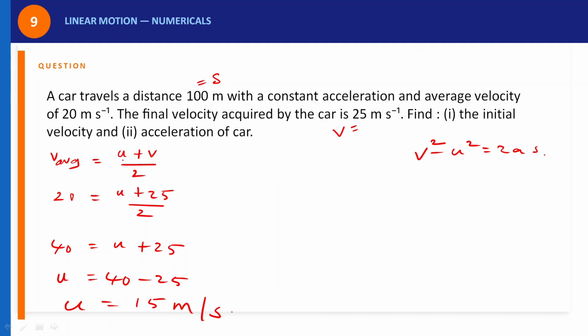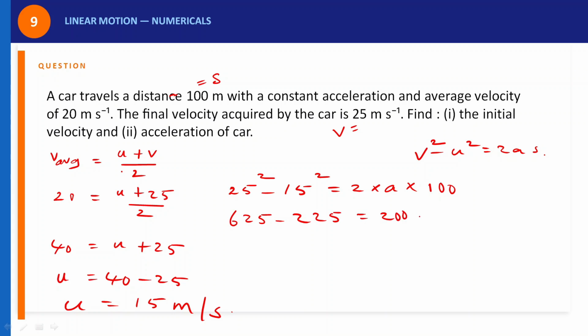So what is the final velocity here? 25. Then it is 25 square minus initial velocity 15 square equal to 2 into acceleration, we don't know, so simply I have taken a, and displacement, it is 100. 25 square is 625, 15 square is 225, equal to 200a. We get 400 equal to 200a.